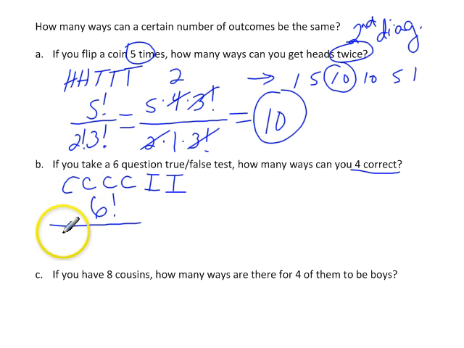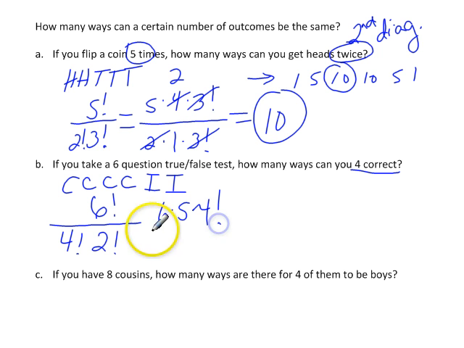We have 4 C's, so 4 factorial, and 2 I's, 2 factorial. And we can simplify that: 6 times 5 times 4 factorial over 4 factorial times 2 times 1. Once we have it written out, then we can cancel. The 4 factorials cancel. 2 cancels with a 6. And when we multiply 3 times 5, we get 15.